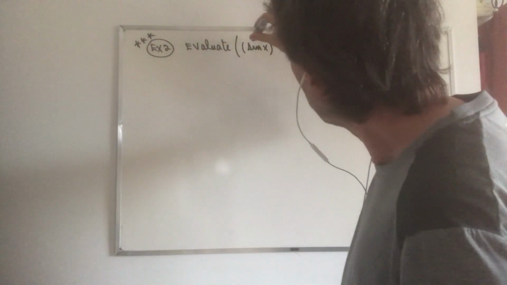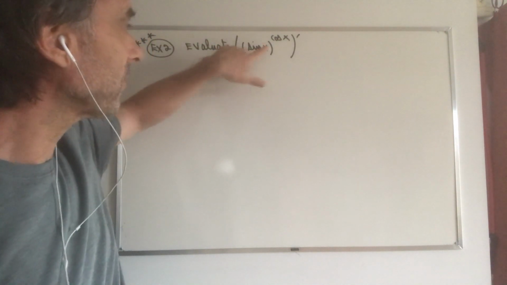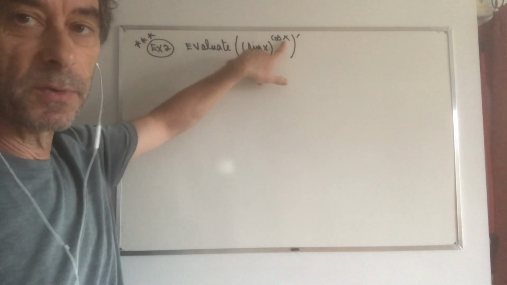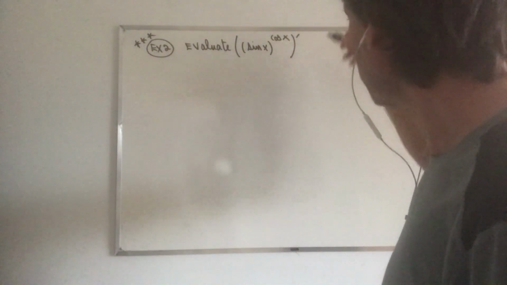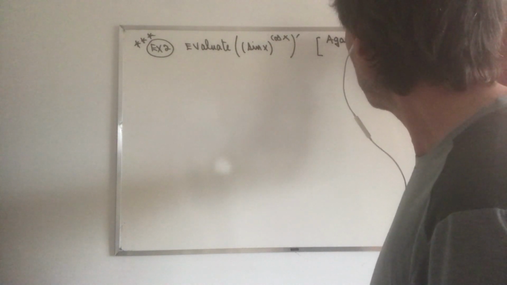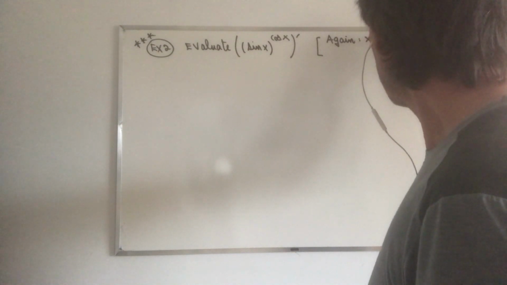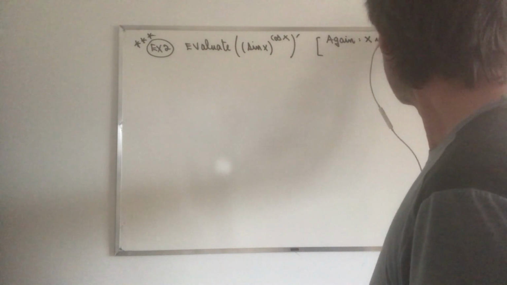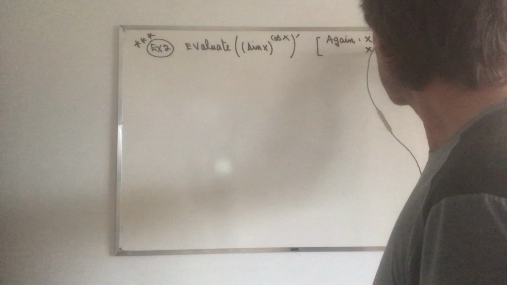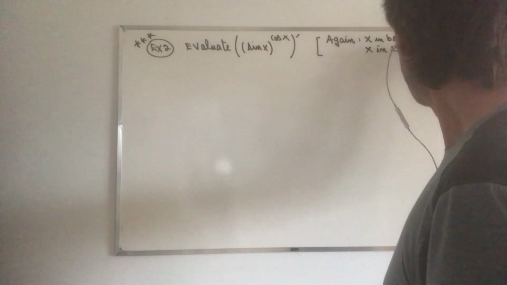So once again, what do I notice here in this function? I notice that I have an x in the base as well as an x in the exponent. So that's a case for logarithmic differentiation. So again, you will notice that there is x in the base and there is x in the exponent.